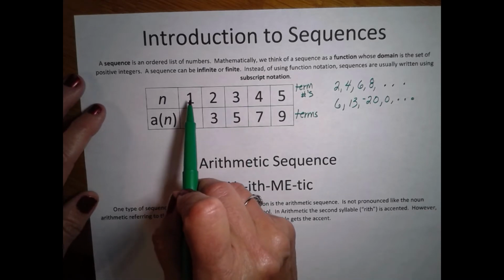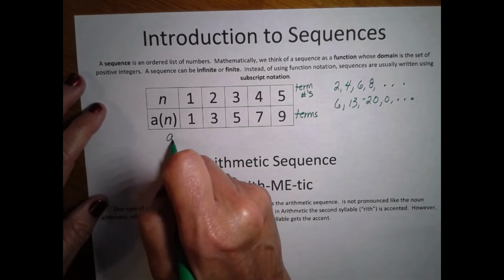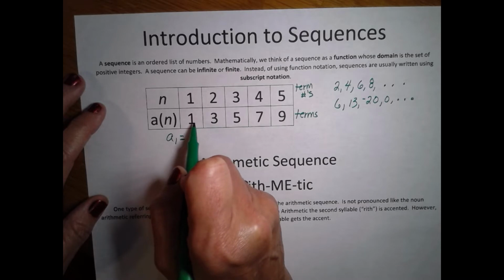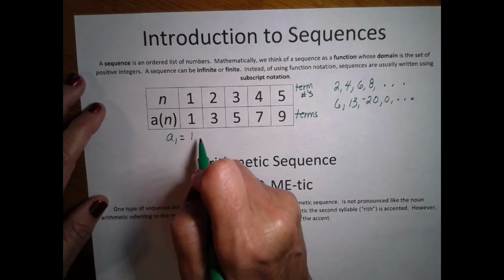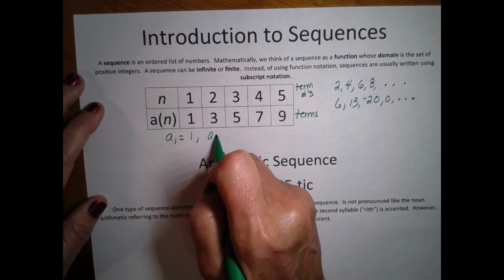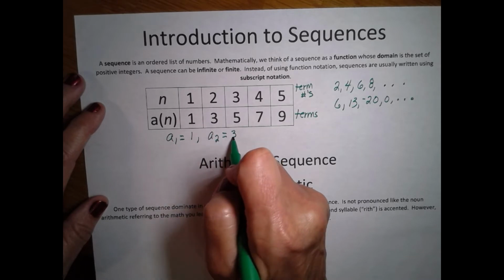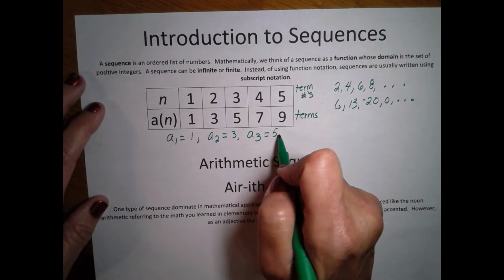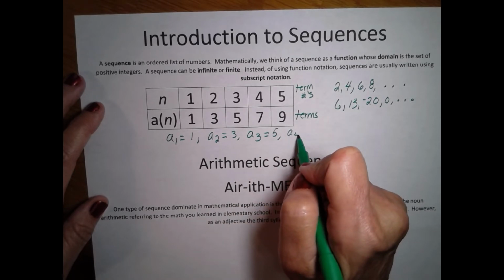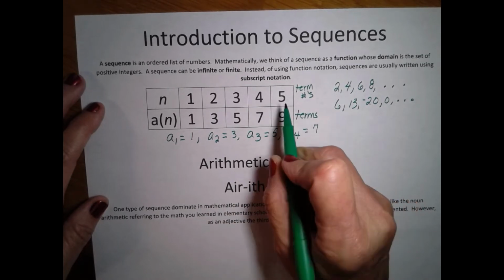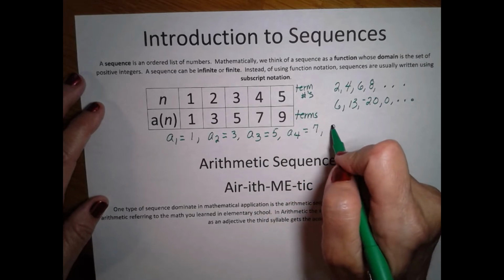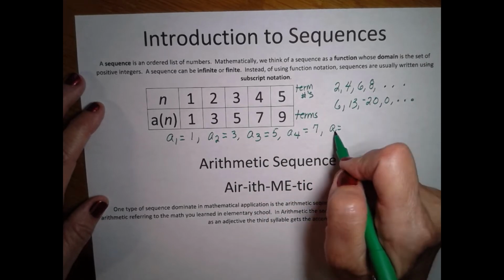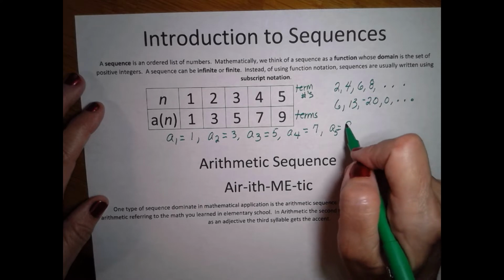For my first term, it would be a sub 1, and its value or the term is 1. A sub 2 is equal to 3. A sub 3 is equal to 5. A sub 4 is equal to 7. And a sub 5 is equal to 9.